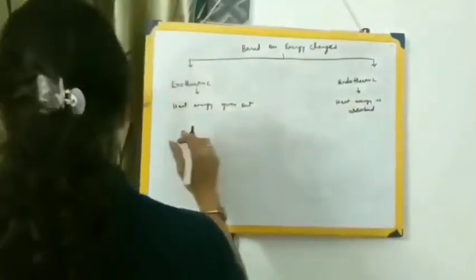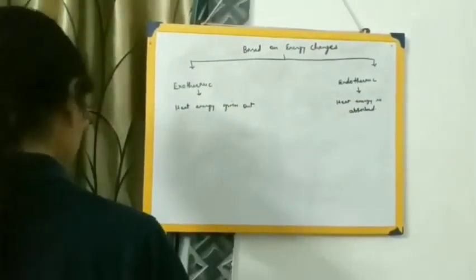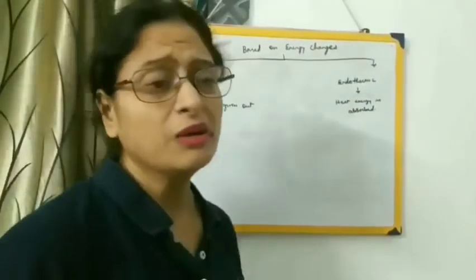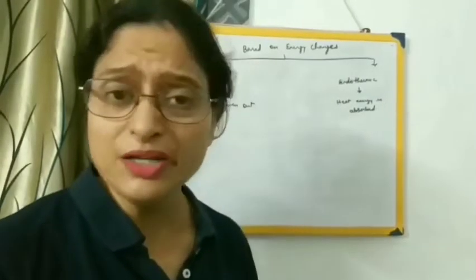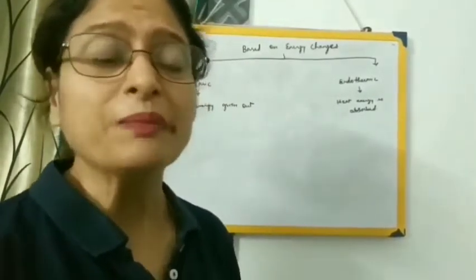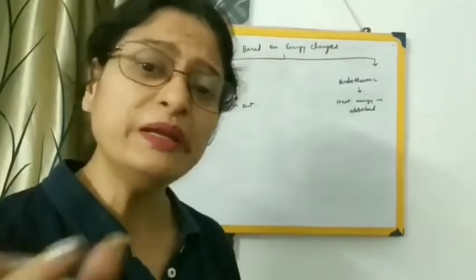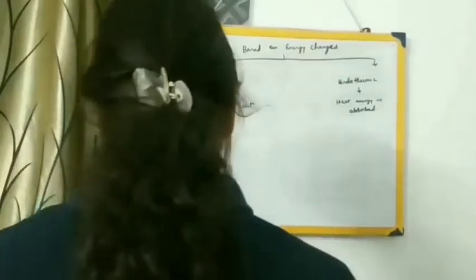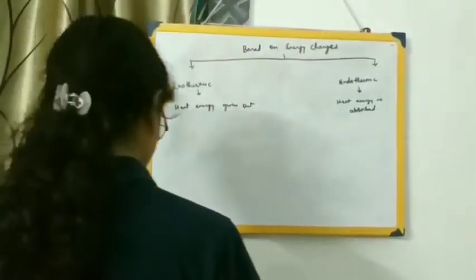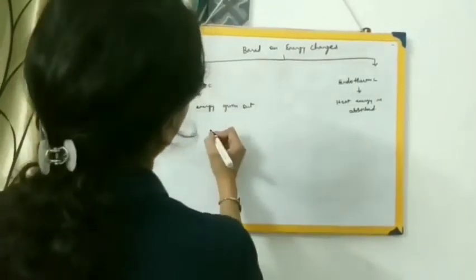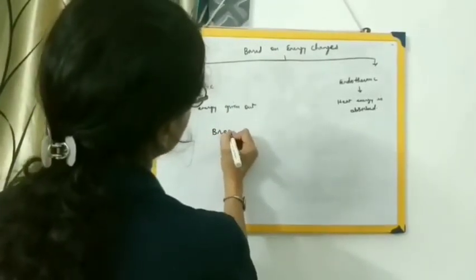Now first of all, we will come to the exothermic reaction. Now what happens when energy comes into the picture? Some energy is absorbed in breaking up the old bonds, the bonds between the substances.